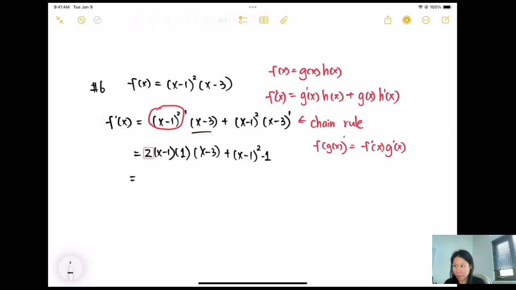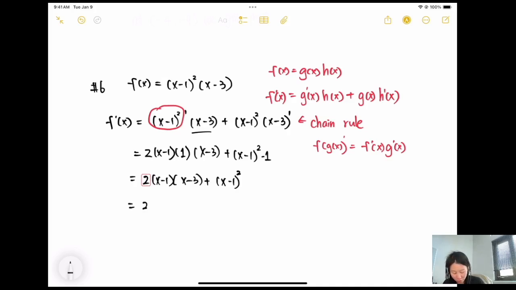So we got 2x squared. Let me show all the steps. So I have 2 times (x minus 1)(x minus 3) plus (x minus 1) squared. Simplify it, break it down.